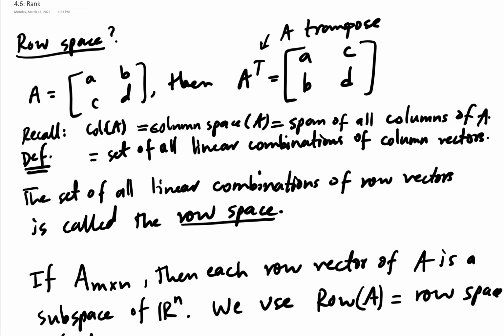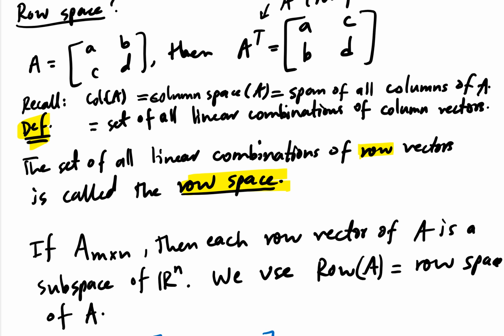So we introduce a definition here. The set of all linear combinations of row vectors, not column vectors, is called the row space. If we are given an m by n matrix A, then the row space of A is a subspace of Rn.